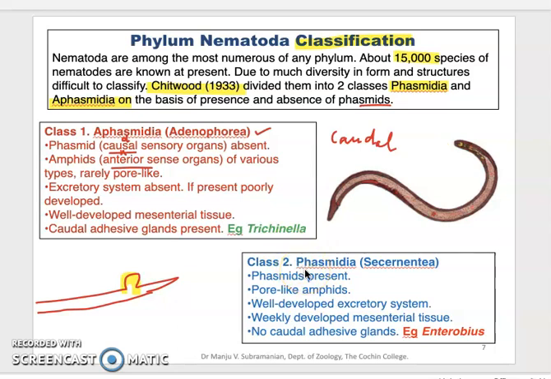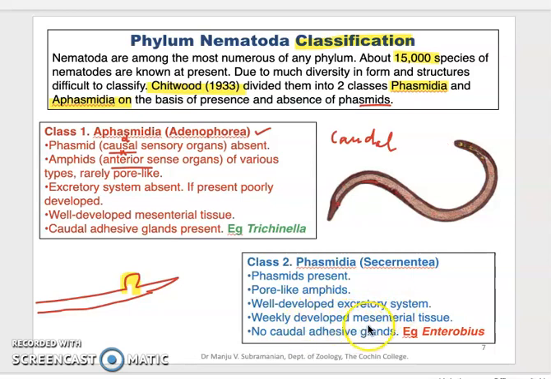And the next class is class 2, that is Phasmida. It's also called Secernentea. In this class the phasmids are present. Pore-like amphids are also present. A well-developed excretory system is another important feature of Phasmida.